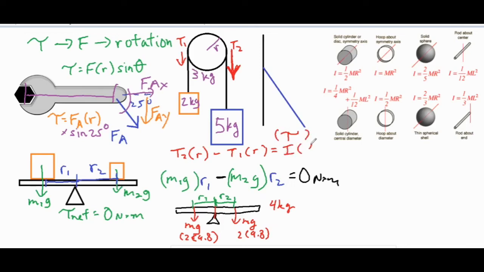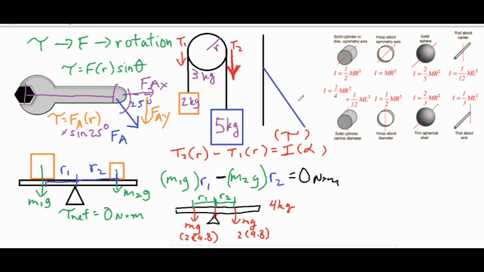And then our net torque is going to be I alpha, which is basically Newton's second law, which is ma. The equivalent for angular motion is the moment of inertia, or rotational inertia, of the disk times alpha, how many radians per second squared the system is accelerating.